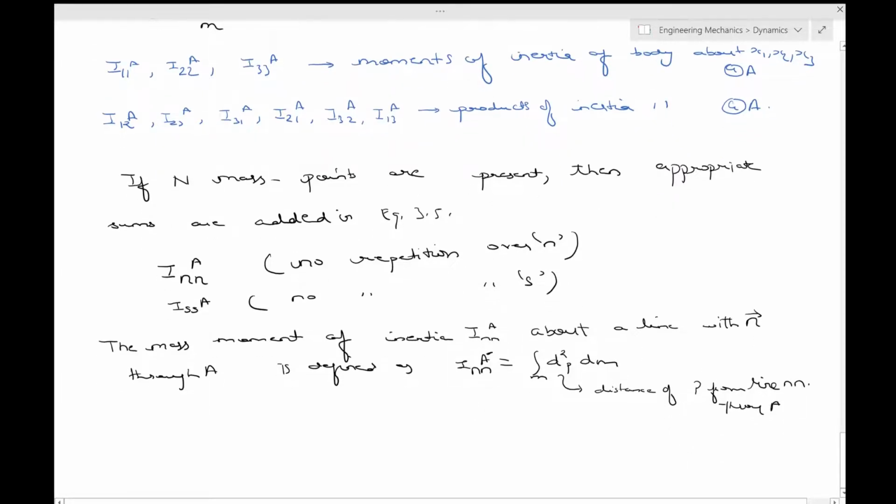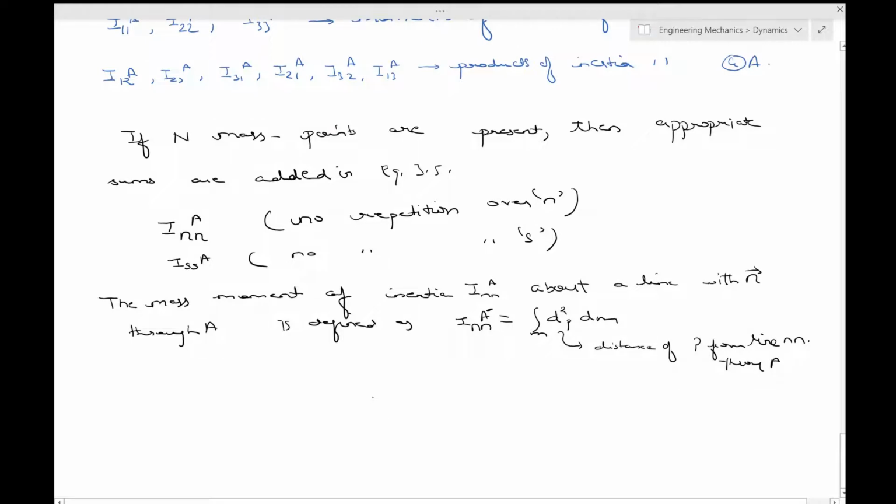So let me show this diagrammatically. If you have, say, total mass is m, a small mass is dm, this is p, okay, so this is the line NN which we are concerned with.